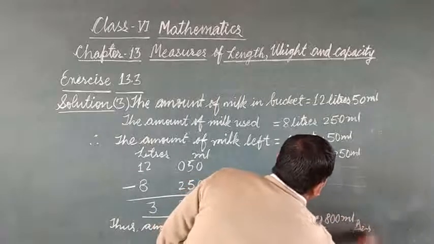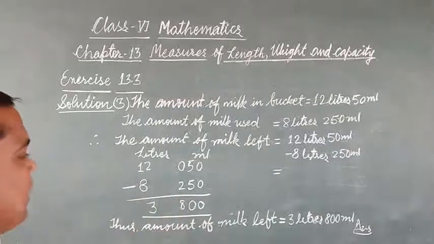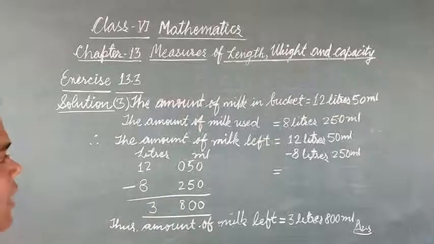This is the required answer we have. I hope you understood this one. The amount of milk in the bucket was given, the amount used was given, so we calculated how many liters are left in the bucket.